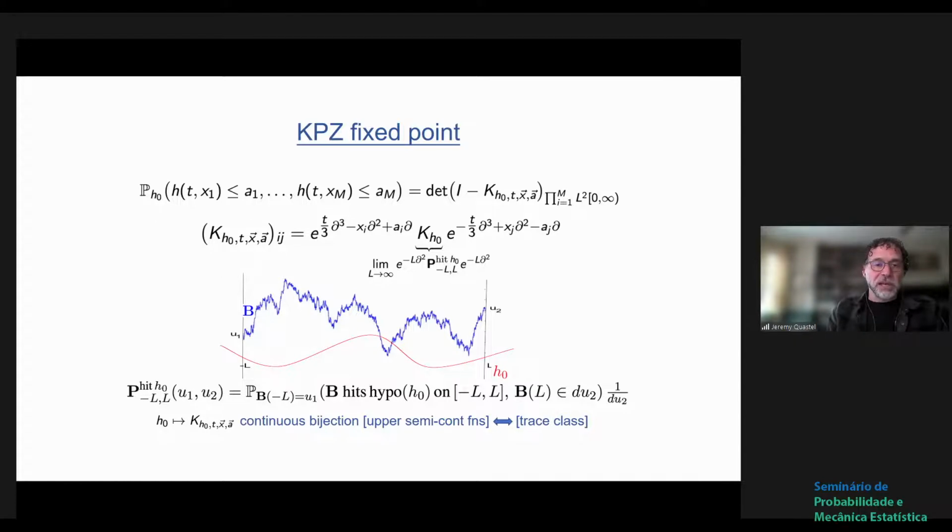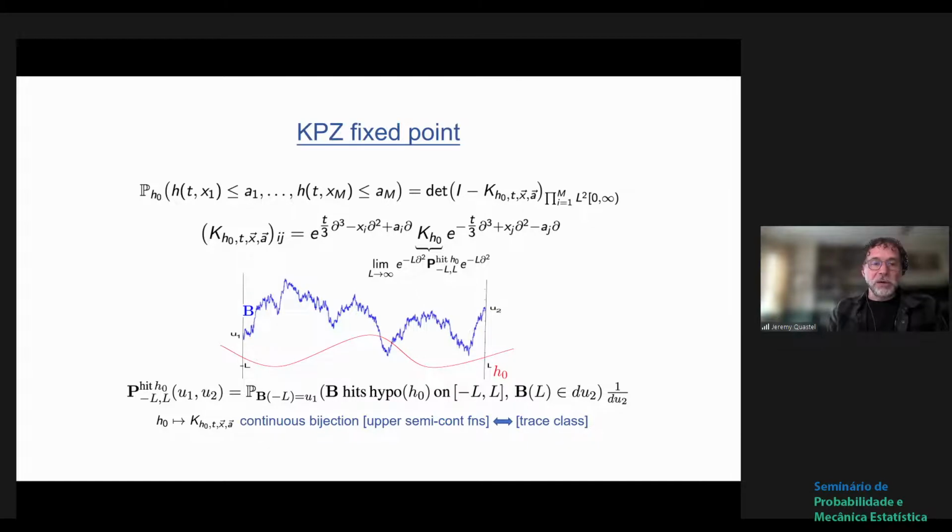If you'll notice, some of these heat equations are being solved backwards in time, but it turns out that if t is not equal to 0, then if you have this e to the t over 3 d cubed, it actually sends you into the domain of the backwards heat equation. So there's actually no problem doing this for backwards or forwards heat equations. And the kernels of these operators, e to the t over 3 d cubed minus x d squared plus a d, are just explicit crazy kernels full of Airy functions, and they're smooth as can be. So there's no problem doing any of this.